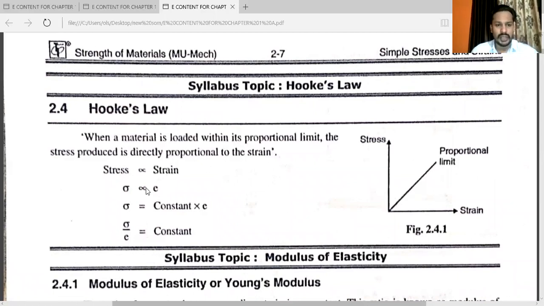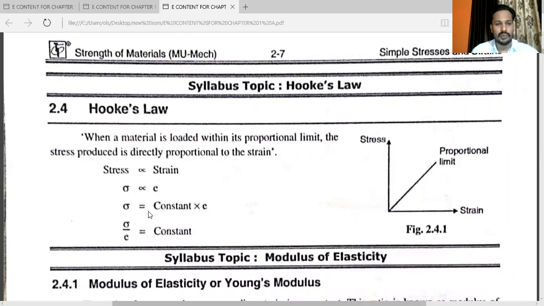So sigma is proportional to the strain. Instead of this proportionality sign, we put sigma is equal to constant into strain, because we replace the proportionality sign by using this constant.